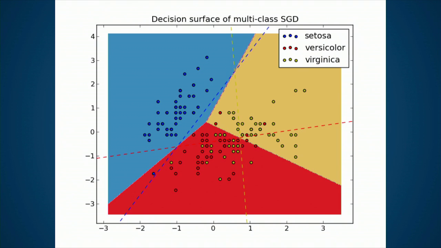But the big advantage of a linear classifier, of SGD classifier in this case, is that it really scales up well. It's fast, it's cheap. So it's kind of cheap and dirty.